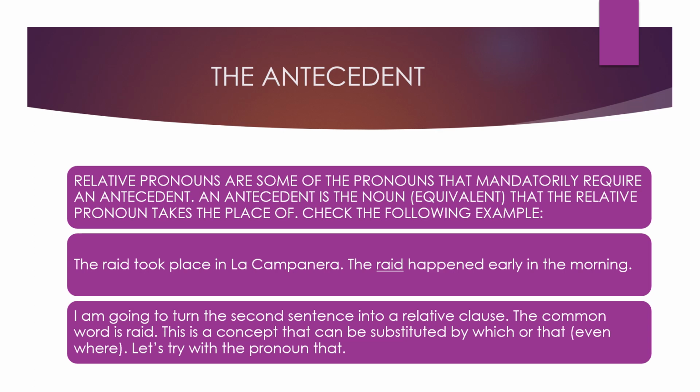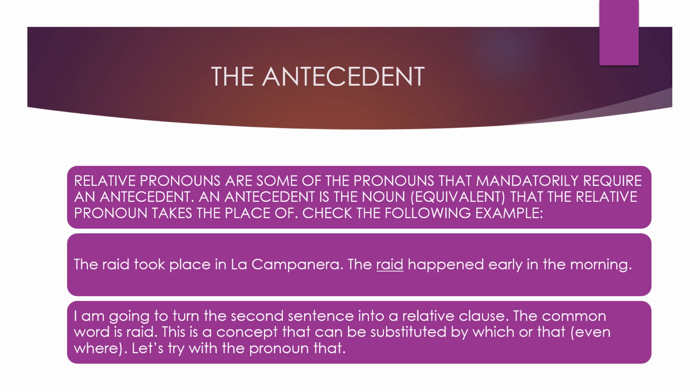I have an example for you. The raid took place in La Campanera. The raid happened early in the morning. So if you check those 2 sentences, you will find that they have a common subject. So I can turn the second sentence into a clause.